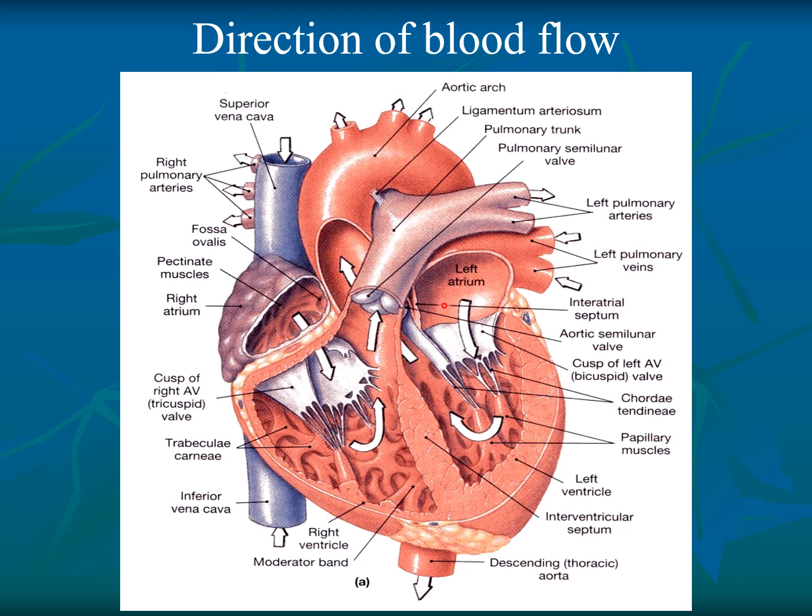From left atrium through left atrioventricular opening, blood enters into left ventricle, and from left ventricle through the aorta it enters into the systemic circulation and circulates into the whole body. So this is all about the internal structure of the heart.